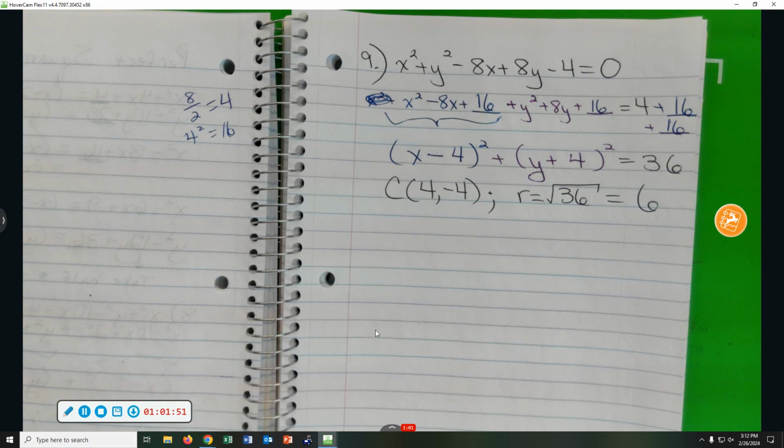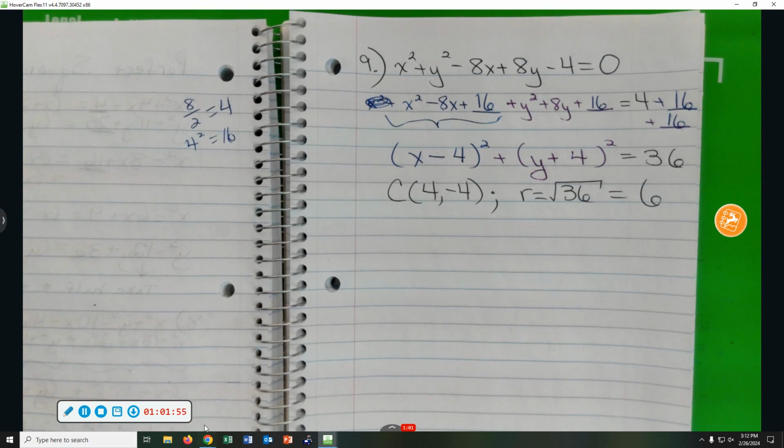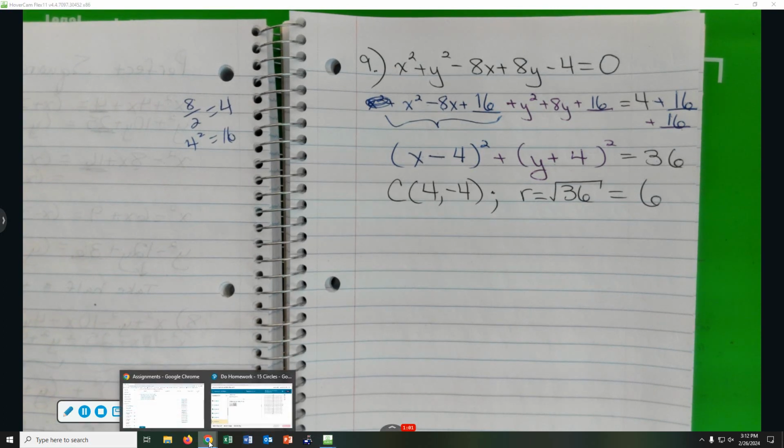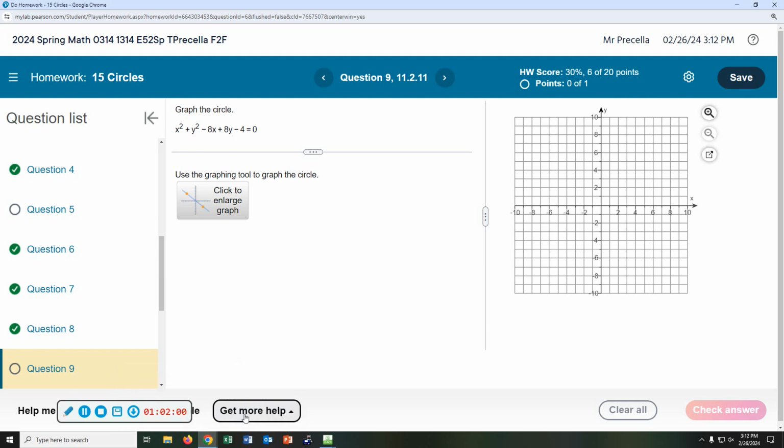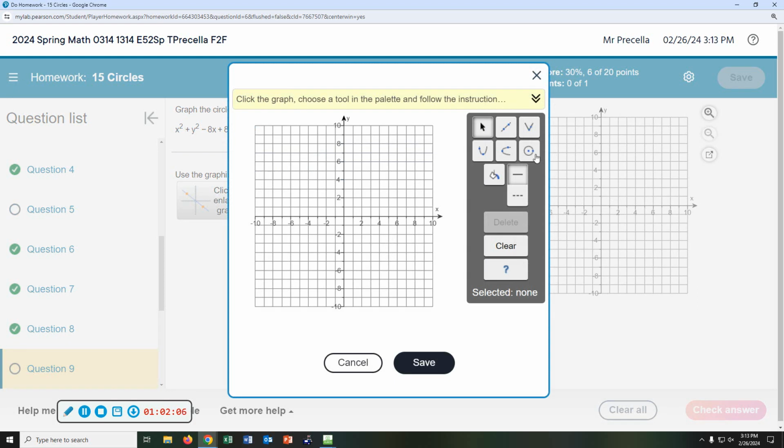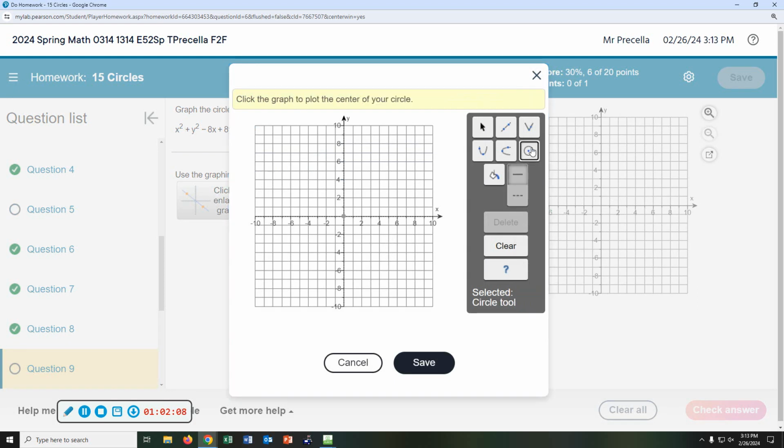Any questions there before I switch screens? We click our circle tool. The center is 4, negative 4. Is that what I wanted? Yes.